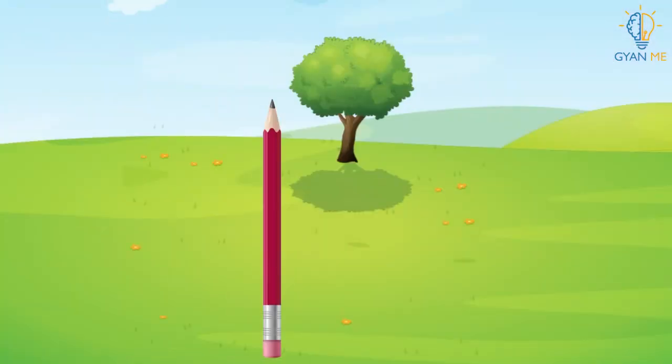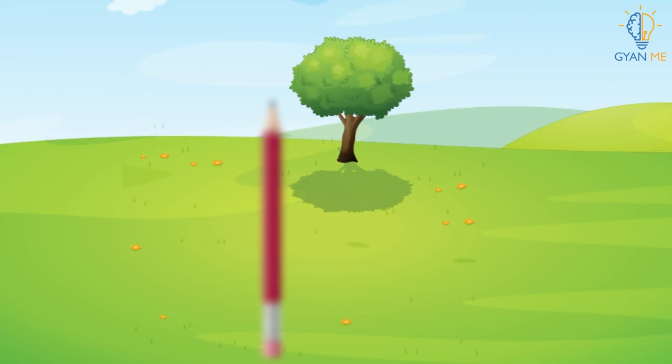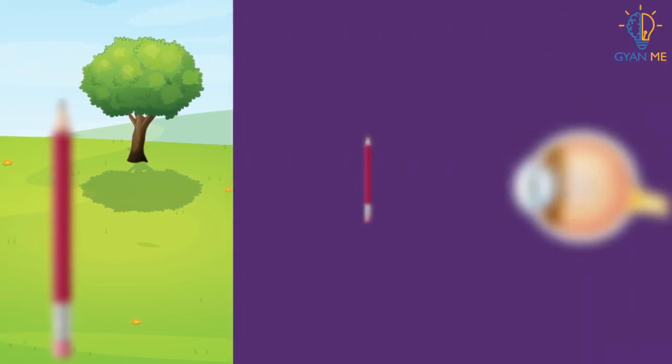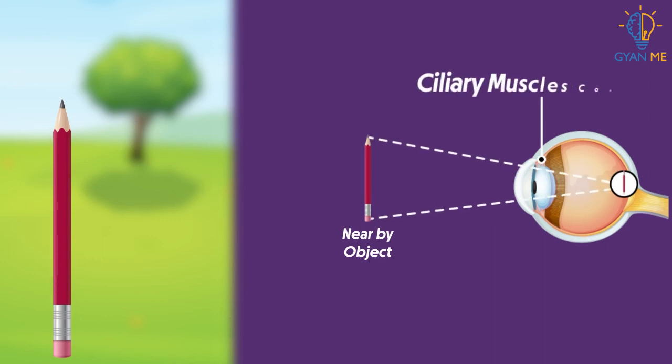So, returning to our original question, when we focus on the pencil, the image behind blurs out, and if we focus on the image behind, the pencil appears blurred. And why does this happen? To answer this, when the focus was on the pencil, which was nearby, the ciliary muscles were contracted and the lens was thicker.